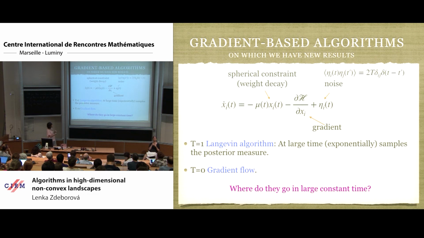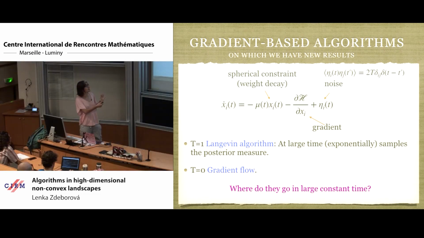These will be the two that are probably most widely studied in many areas, but notably in physics as well. There's the gradient flow algorithm, where you simply take a derivative of the loss function, you add there a weight decay constraint or spherical constraint, as we call it sometimes in physics.